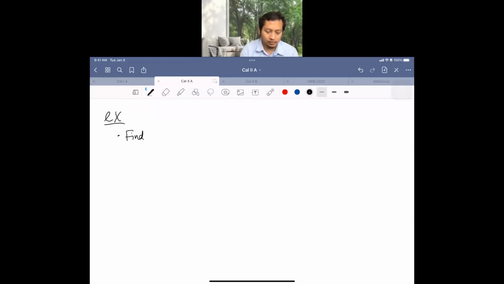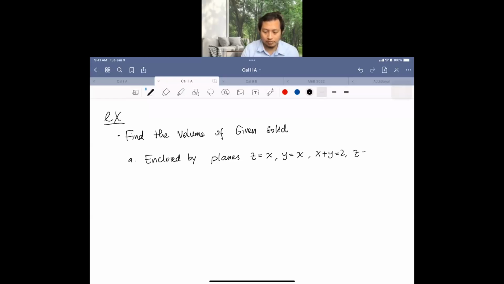Find the volume of the given solid. First is enclosed by planes z equals x, y equals x, x plus y equals 2, and z equals 0.